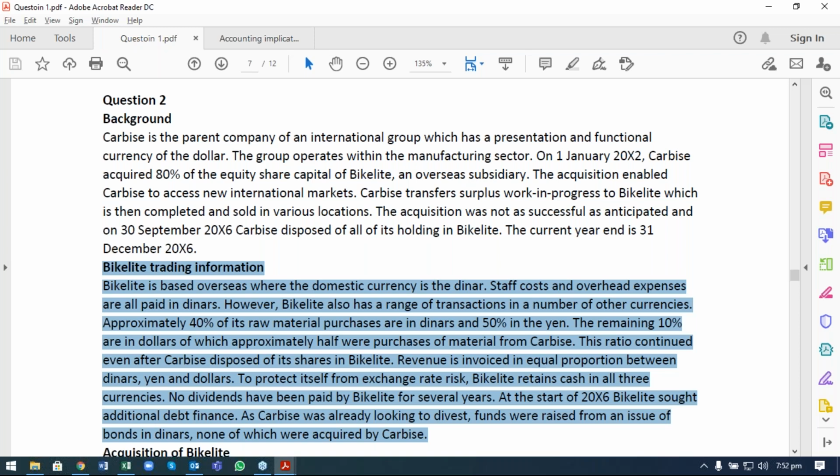And one thing I have already told you in the previous class, that none of the questions within SBR is right or wrong.